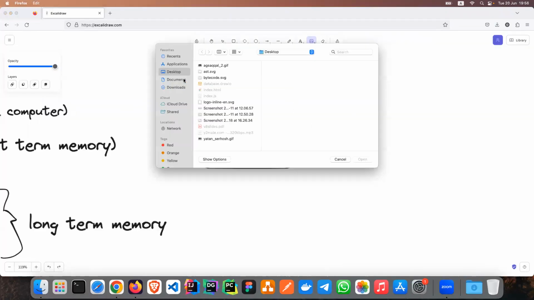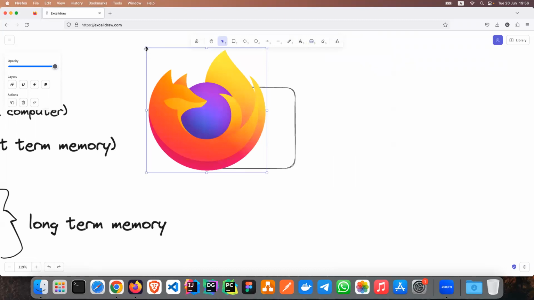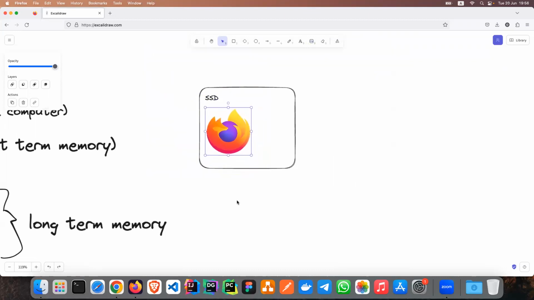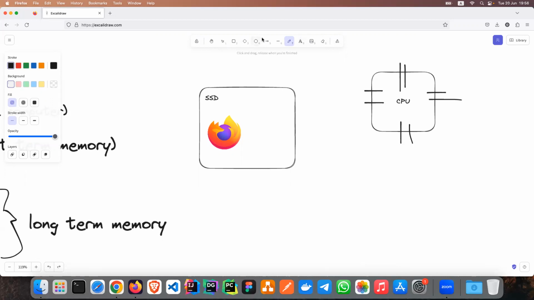Okay, I have Firefox here, which lives in my SSD, because when I bought this computer, I downloaded it and installed it on my system. It's permanently on my SSD, unless I decide to delete it. I also have my CPU here. Let's call it CPU. And let's also decorate it a little bit. CPUs sometimes are decorated like this. Not good at painting CPUs.